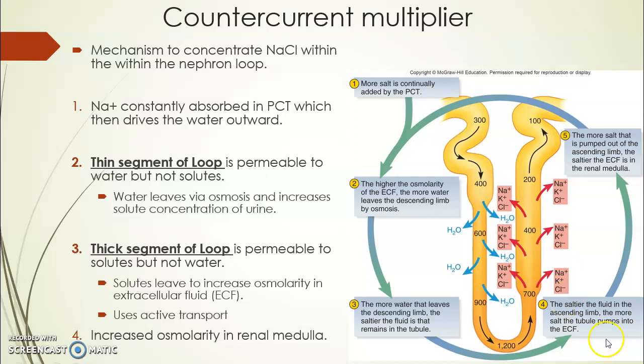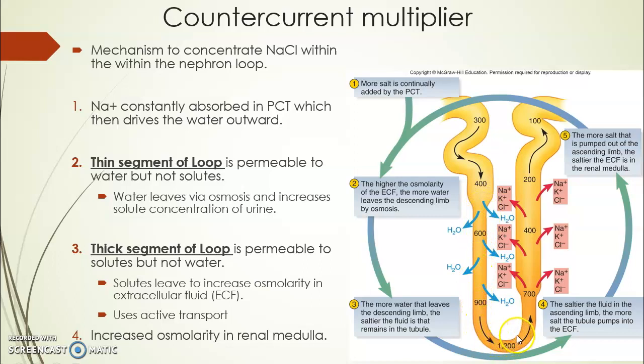Again, as we move down the descending loop of Henle, the thin segment is permeable to water. So water exits the thin segment and goes into the extracellular fluid. Because of this, it concentrates the solutes in the thin segment of the loop of Henle.